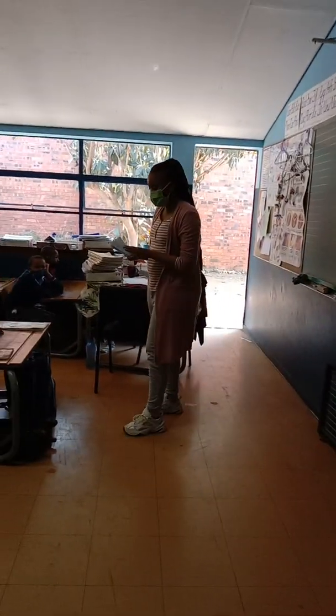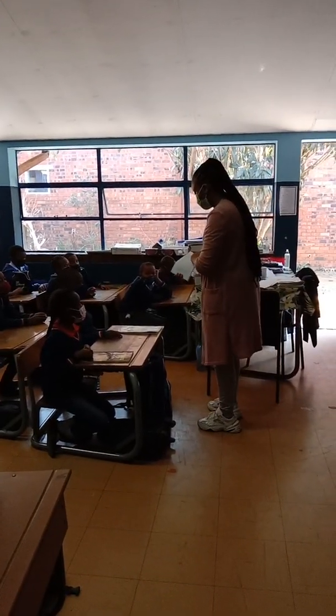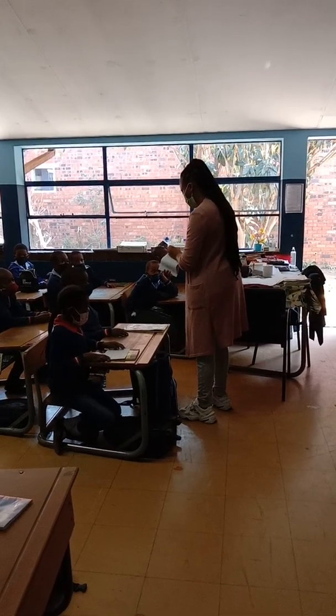The work. And this time, because yesterday you guys were still new, né? This time today, I want the work to be neat. Okay? I want to be able to see what you guys are doing so that I can mark your papers and then give you a good mark if you have it.